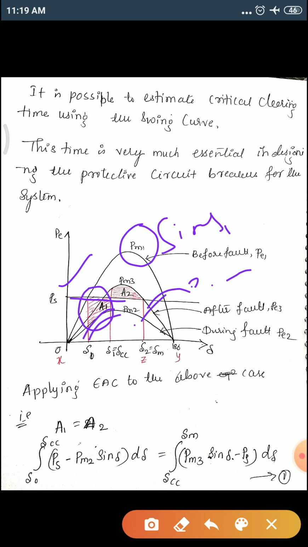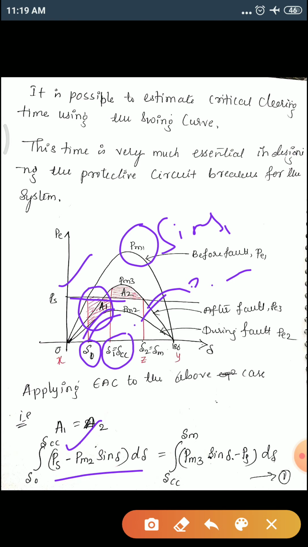According to that formula, A1 is the integral of PS minus Pm2 sine delta, d delta, from delta naught to delta cc. This is your A1.